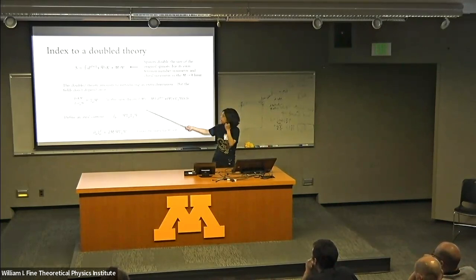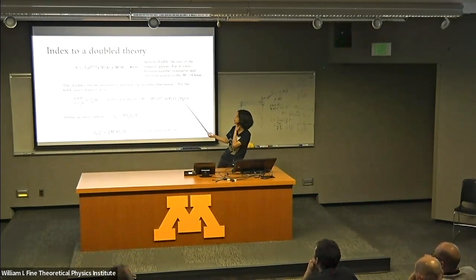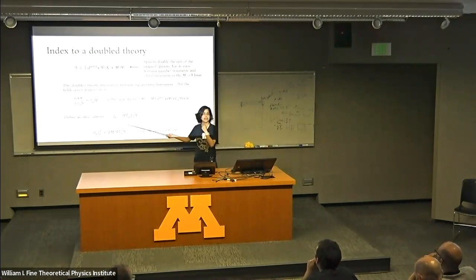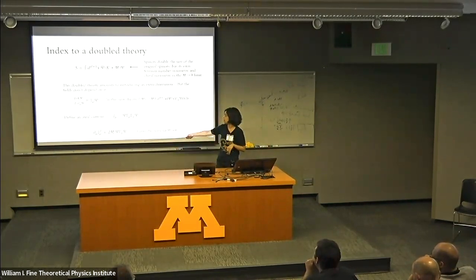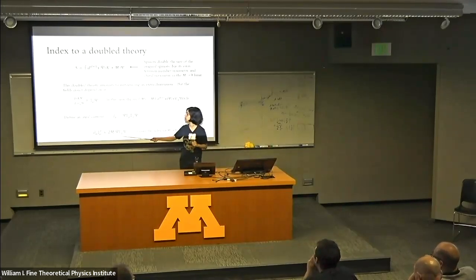So, in this new theory, I of m is just the trace of psi bar gamma chi psi, where psi is this new double fermion field. I can define an axial current in this theory, where gamma chi is a double gamma chi. And I can get to the Ward identity for this current. I should have said a chi here.